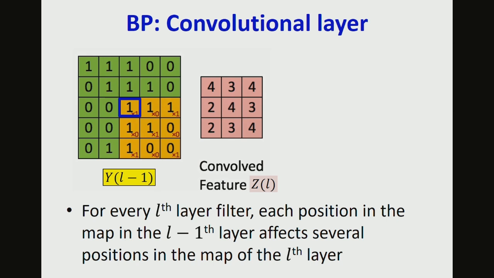Now, this filter slides. As a consequence of that, take a look at what happens. What are all the Z positions that a given Y position contributes to? Look at the Y position that's in blue.